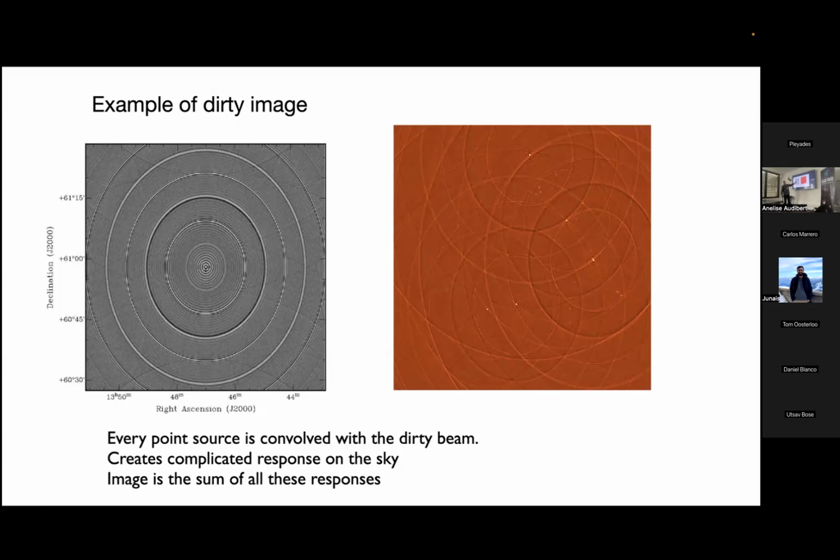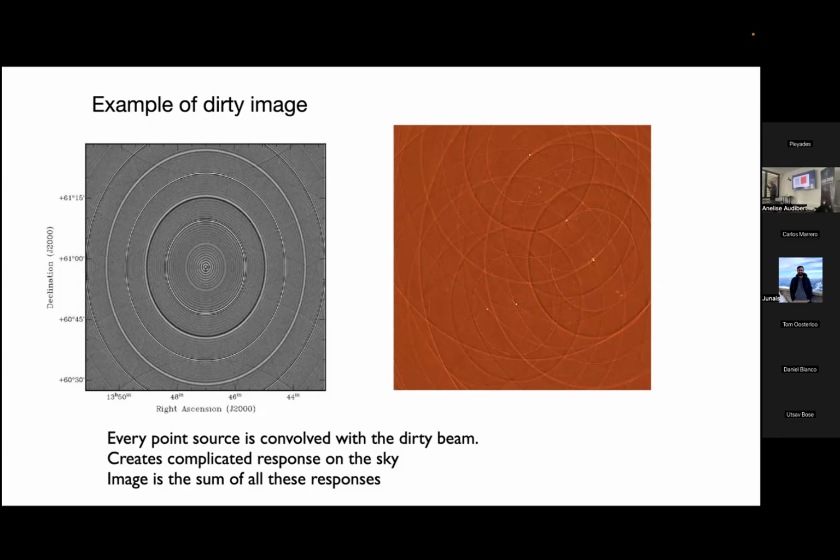So we take our computed point spread function, and we can compute it because we know where the telescopes are and where they are not. We shift this pattern to this position, scale it with the flux of that source, and subtract it from the image. That source and the rings have disappeared.